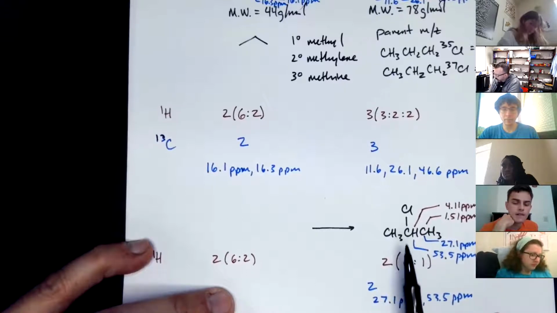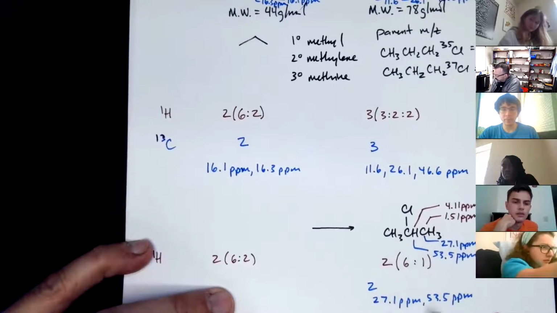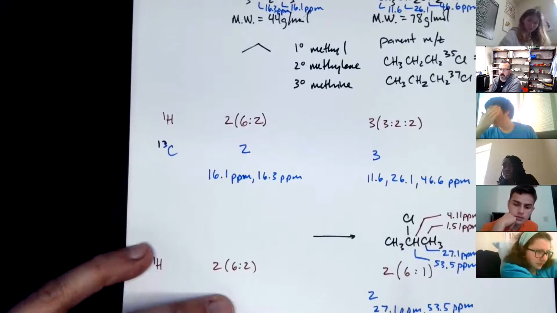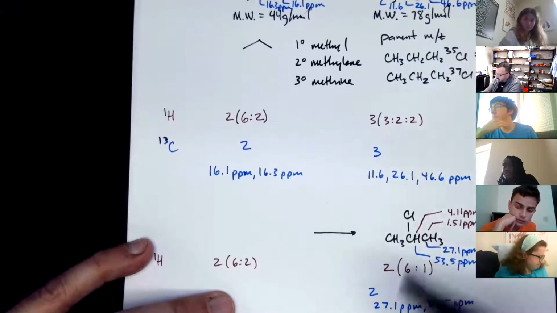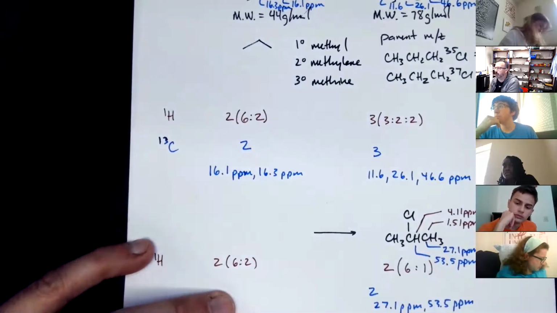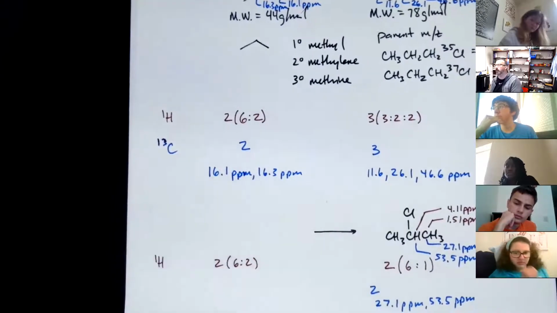You have 1, 2 unique types of carbon. So you can compare your spectral data to differentiate the constitutional isomers. So that's what we learned in the second module with spectroscopy.